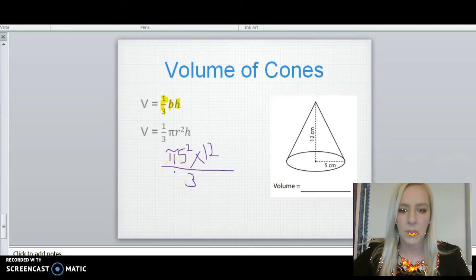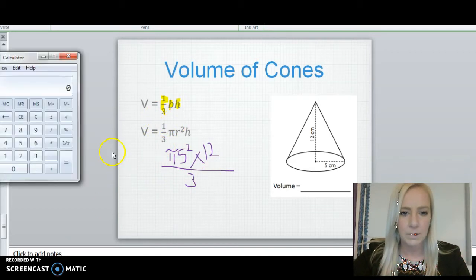Again, dividing by 3 is the same thing as multiplying by 1/3. So using my calculator, 5 squared, I know is 25, times 12, times pi, which in this case, I'm going to use 3.14. After I get my answer, I'm going to divide by 3.